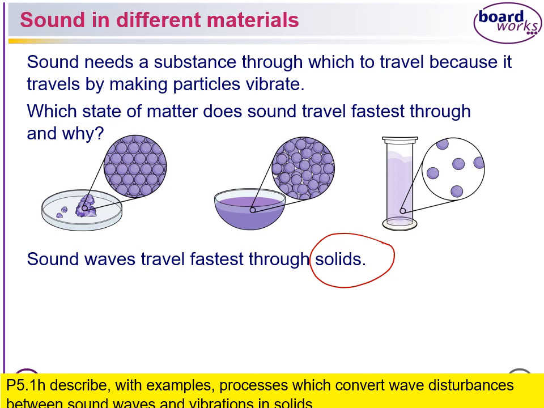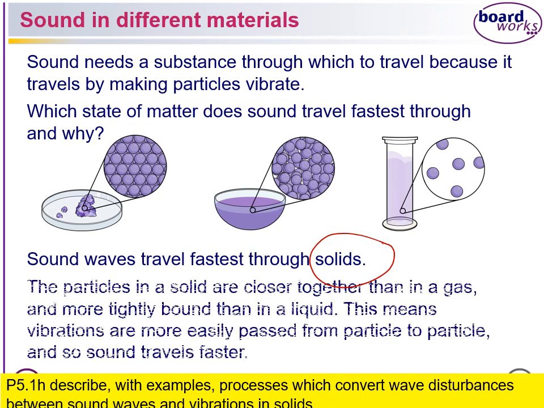It is opposite to electromagnetic waves. Electromagnetic waves, we said, when they enter a more dense medium, slow down. Sound waves are opposite to electromagnetic waves. They travel the fastest through solids. Why do they travel the fastest through solids? Because the particles are closer together, which means vibrations are more easily passed from particle to particle.